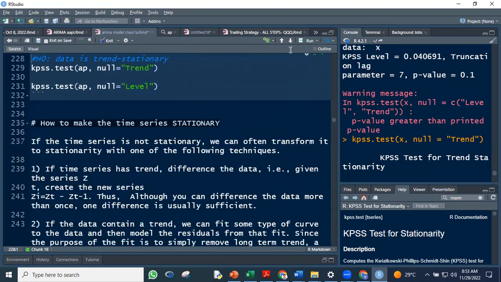Alright, I'll pause for now, guys. Is it clear so far? We are only looking at one thing, the AP, whether it is stationary or not. When we plotted it, we could clearly see that it is not stationary. There were tests that showed it is indeed not stationary. But when we used the ADF test, the Augmented Dickey-Fuller test from the tseries package, it gave us a conflicting result.